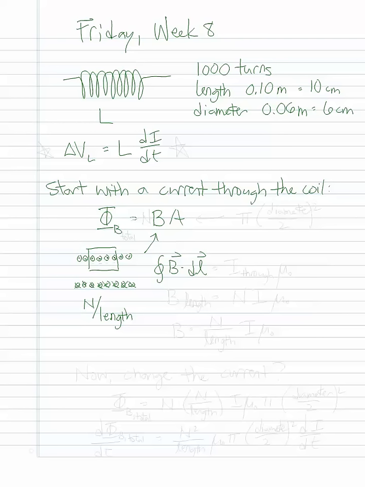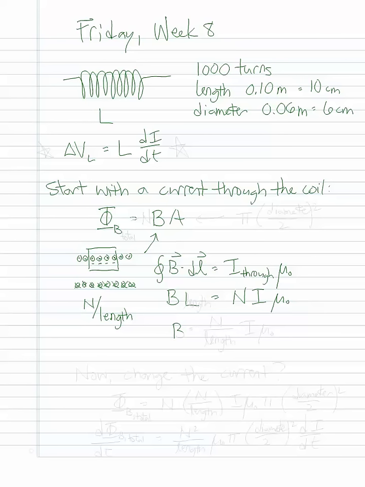And so that's going to be the current through the loop times mu naught. And so if I just do it over the whole length of the solenoid, I get B times the length of the solenoid is the total number of turns times the current. That's how many wires are poking through my lasso, times mu naught.